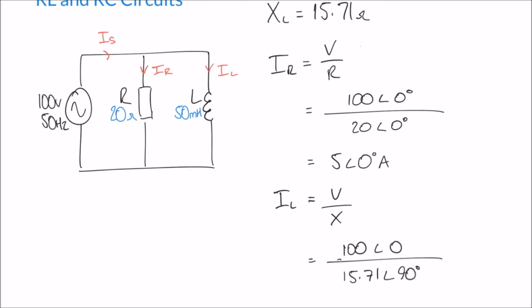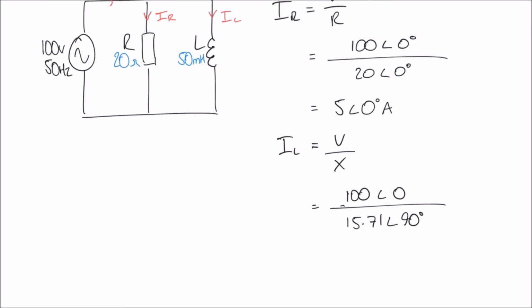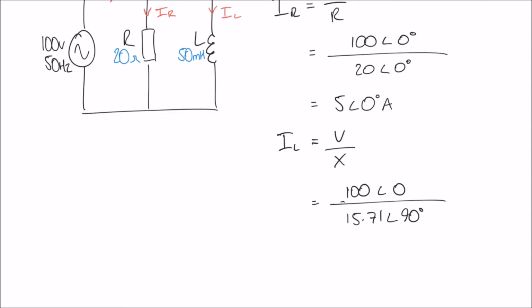And so likewise, like we did before, we divide the magnitudes in our fraction there and subtract the angles. We come out here with 6.37 at an angle of minus 90 degrees. So now we have two currents in our circuit. We've said that IR is 5 at an angle of 0 degrees, and we've said that IL is 6.37 at an angle of minus 90 degrees.